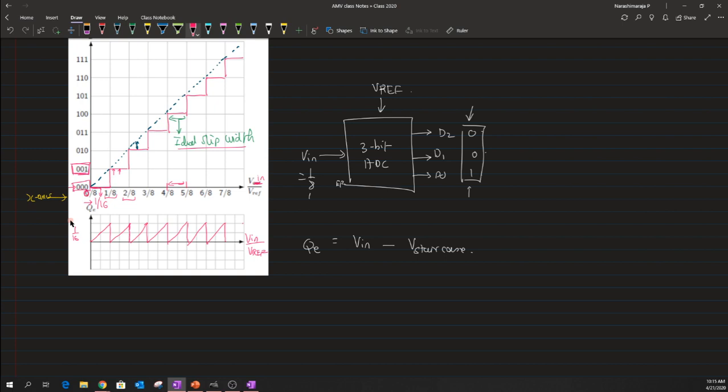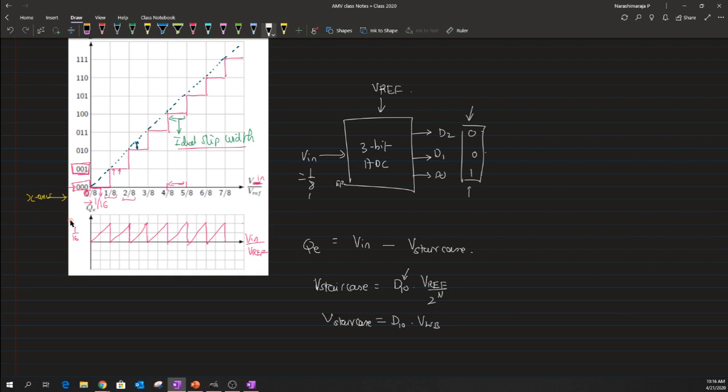The mathematical expression for this quantization error could be expressed something like this, and we can also rewrite this V star k, the step voltage, in terms of the digital data, denoted by the decimal equivalent value of the digital data multiplied by V reference divided by 2 to the power n. The ratio of V reference divided by 2 to the power n is nothing but our VLSB quantity.